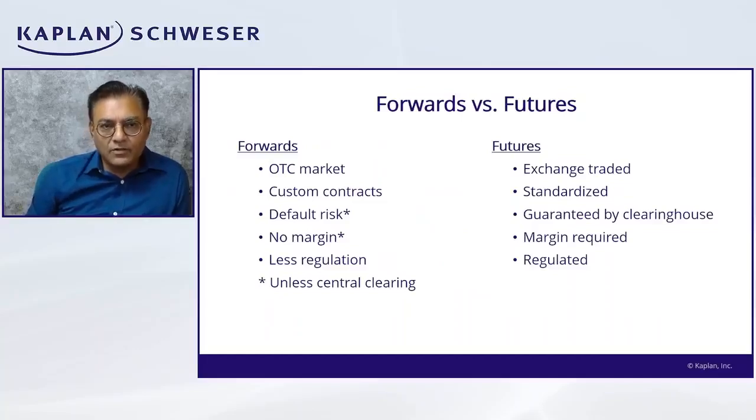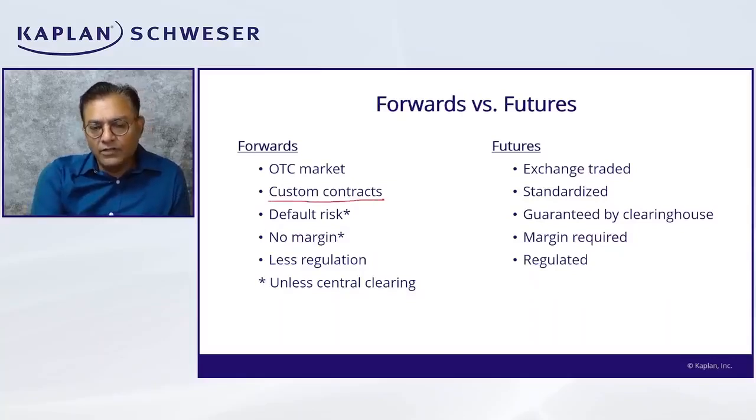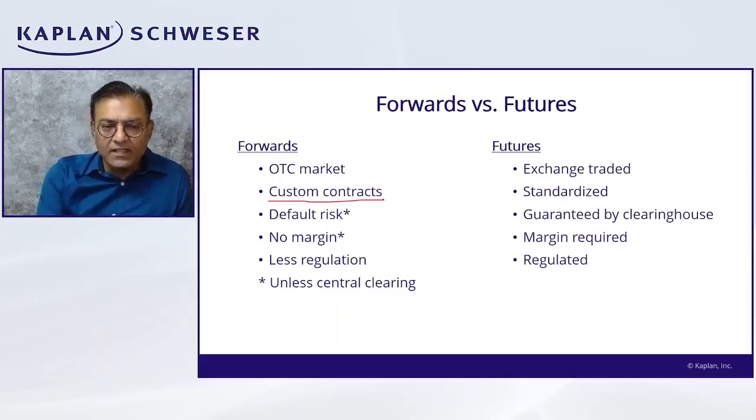All right, so a comparison of forward versus futures. Forwards are OTC, over the counter. They are customized instruments between two willing parties, and they agree on the terms of the contract. Because they are customized, they can involve a variety of specific underlyings.